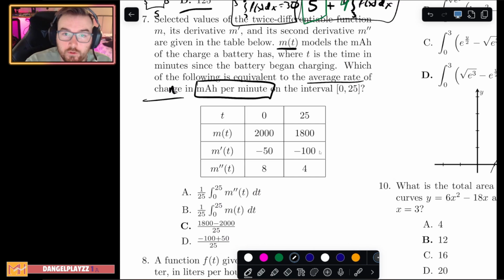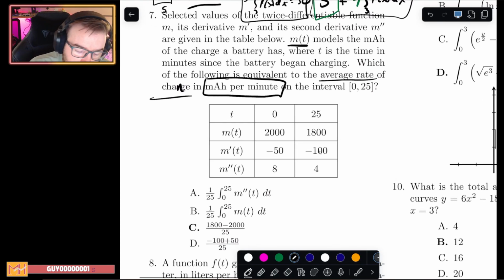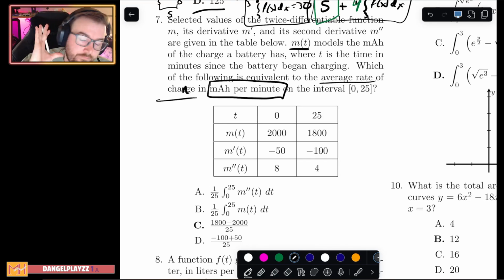We're going to milliamp hours per minute. I think that should have been an N.